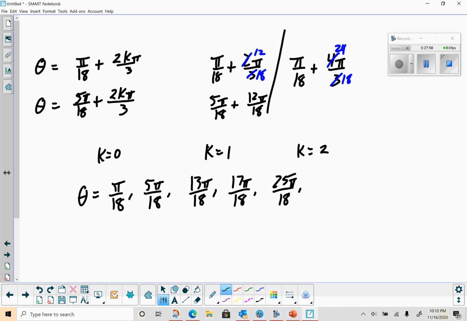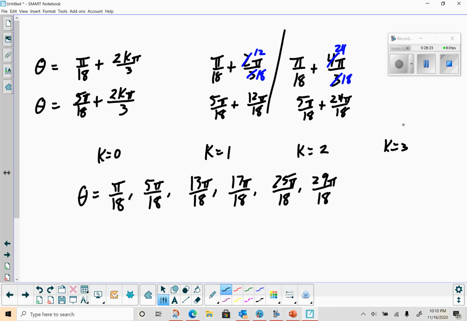Wait a minute, if we've got 18 as the denominator, 2 pi, yes, is 36 pi over 18. So again, we need to keep going. 5 pi over 18 plus 24 pi over 18. That'll give us 29 pi over 18.